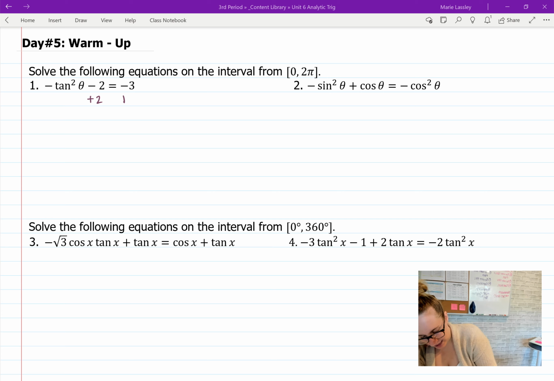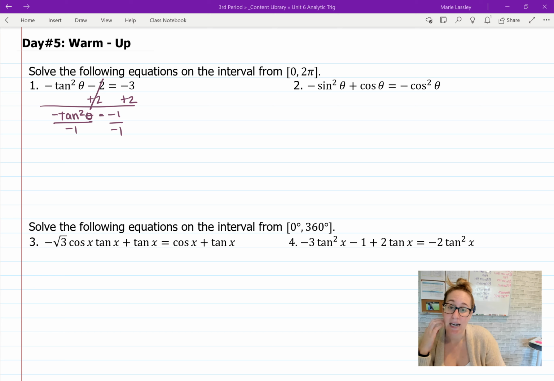So I'm left with negative tangent squared theta equals -1. Now I'm going to divide by that negative sign on both sides, so I have tangent squared theta equals +1.